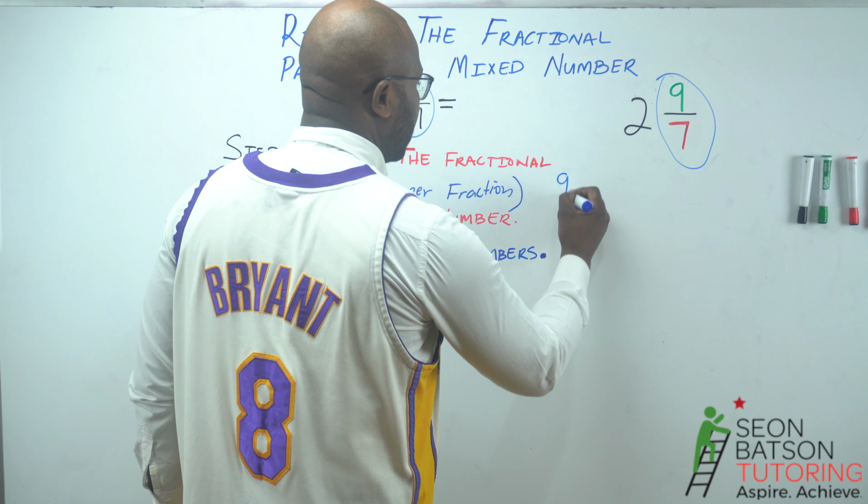Remember, when we changed 9 over 7, we got 1 and 2/7. So the two whole numbers are 2 and 1. 2 and 1 gives us 3. And we have 2 over 7 left. So 2 and 9 over 7 is equal to 3 and 2/7.